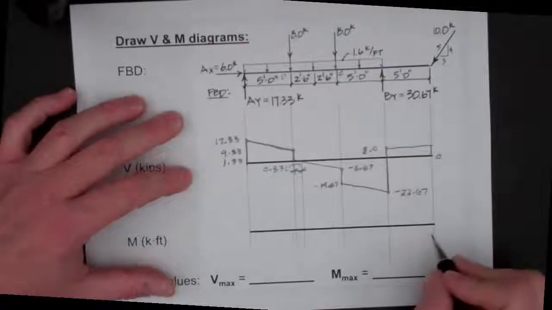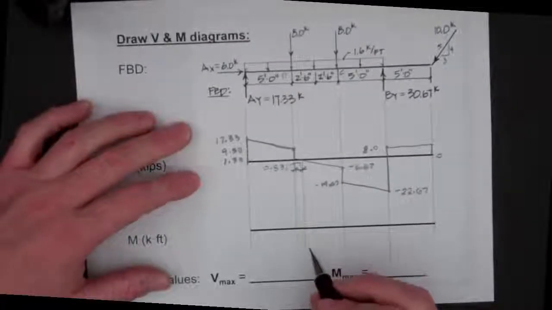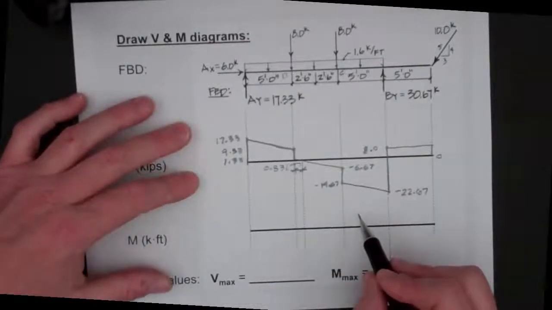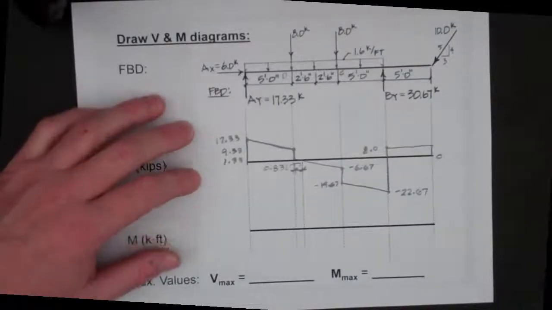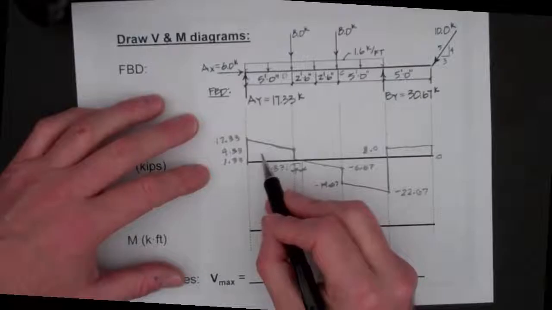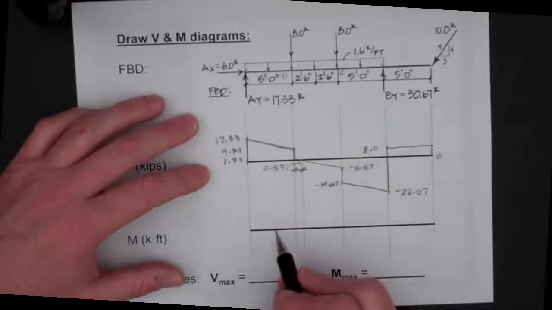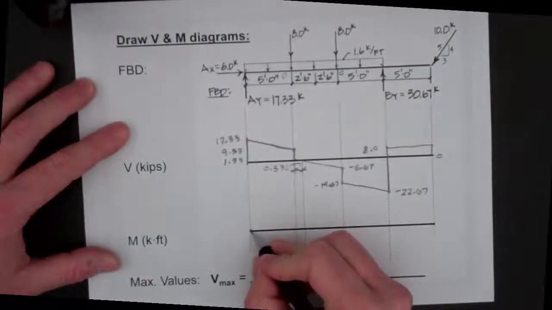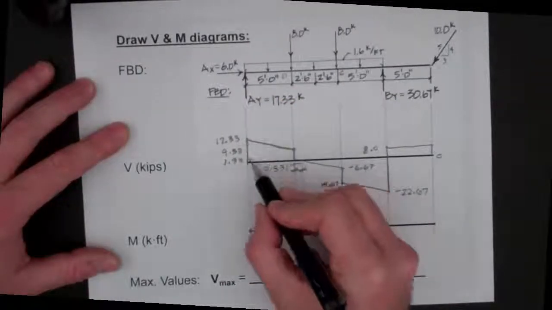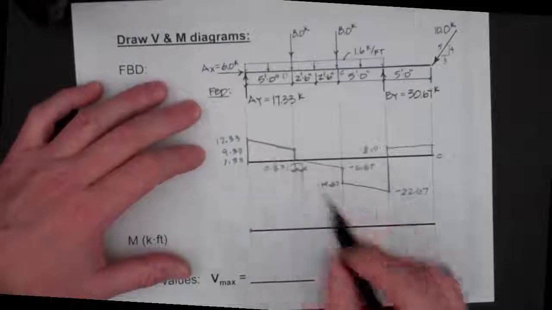Okay, so now for that we're going to use a similar technique, and we're going to draw our moment diagram. The first thing to keep in mind is that the area under the shear diagram is equal to the change in the moment diagram. So in this case, our first area here is a trapezoid.